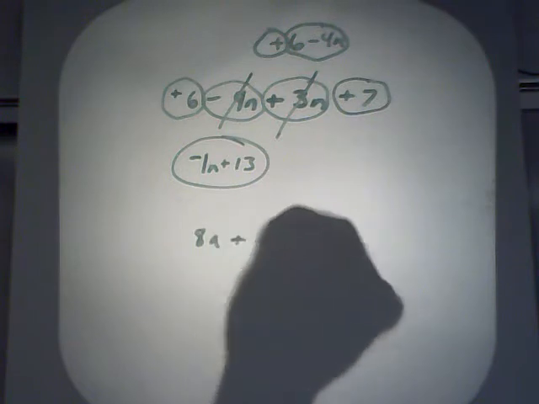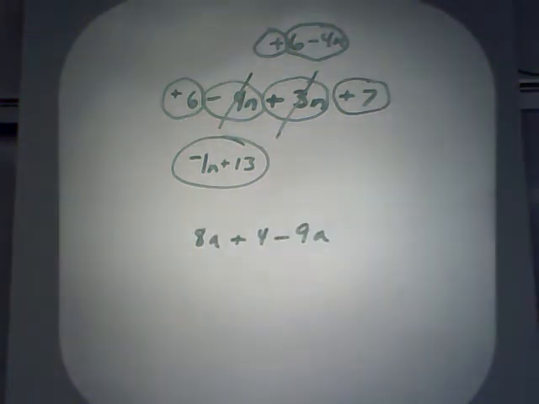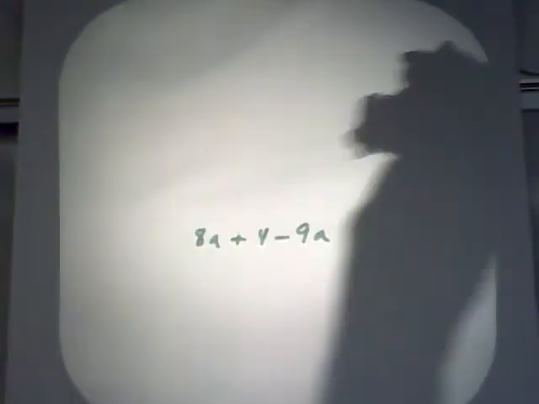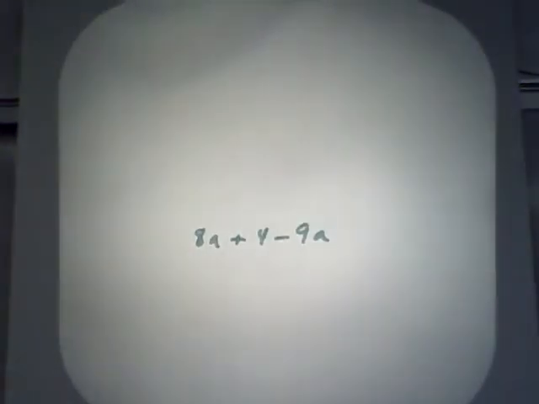Okay, try this one. 8a plus 4 minus 9a. Quickly. I'm trying to give you a bunch that look like what you're going to be doing in a minute. Make sure you can do them. So far I've given you no lonely letters yet.